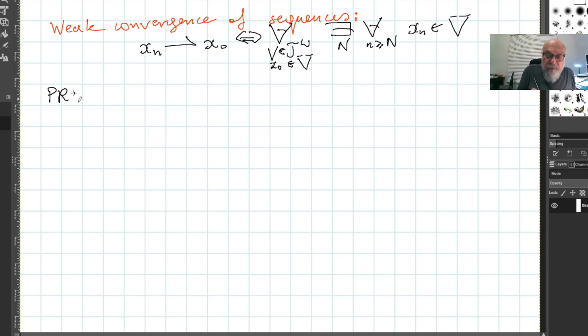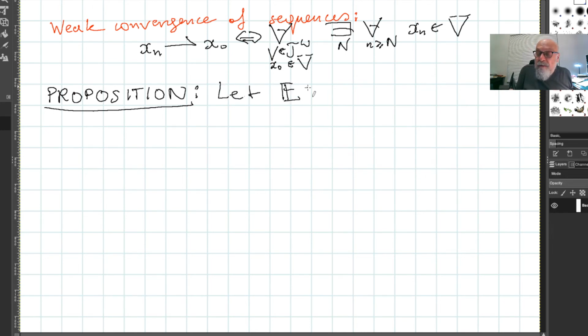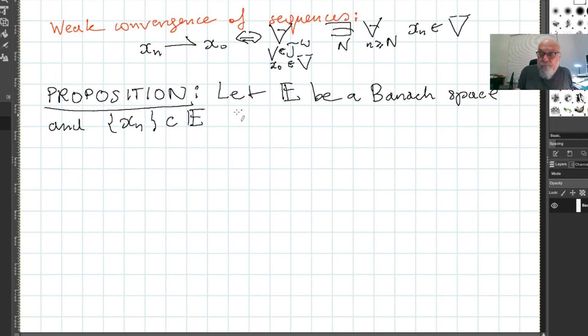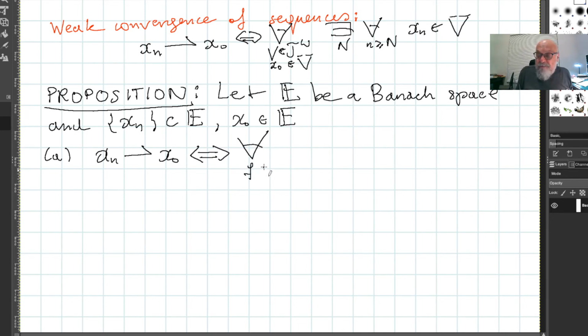We also have this proposition. Let E be a Banach space, because we have to be precise, and xn be a sequence in the Banach space E, x naught a point from E. A. We have that xn converges weakly to x naught if and only if for every f belonging to E star, f of xn converges to f of x naught.